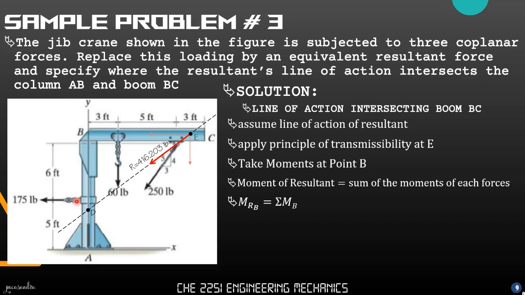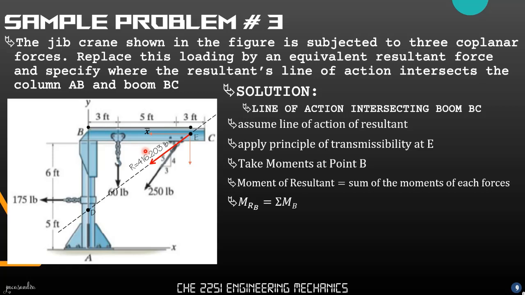So we already have all the distances except for the distance from point B to the vertical component of the resultant. So let's call it bar x.